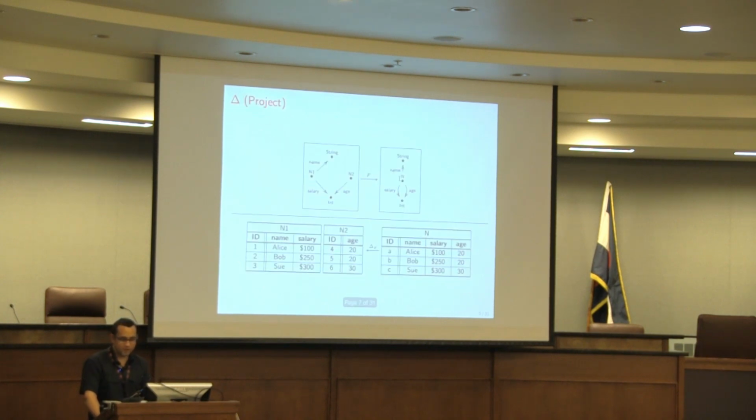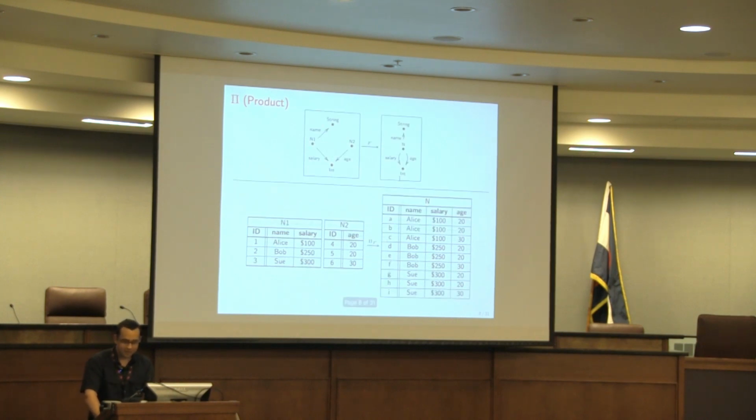Okay, then I'll move on to the other operations. If you could just project using this framework, that'd be kind of boring, but luckily you can do other things. So this slide shows the right adjoint to delta f. Given the same schema mapping, taking n1 and n2 to n from left to right, the pi f operation takes instances on the left to instances on the right.